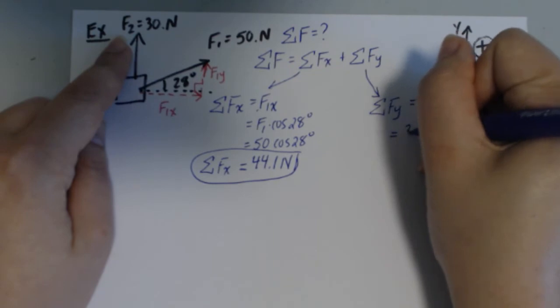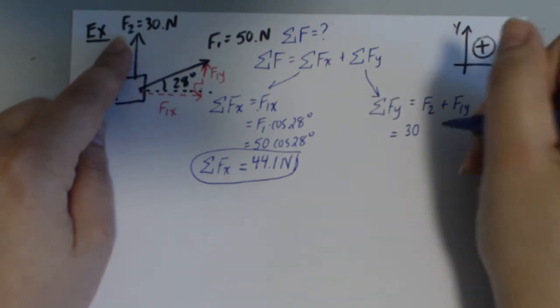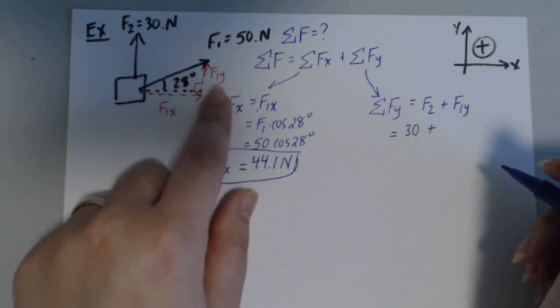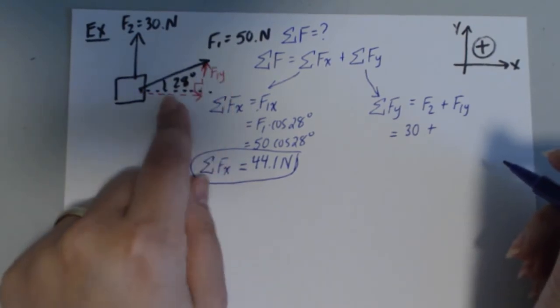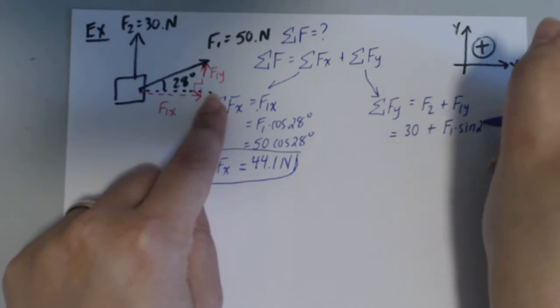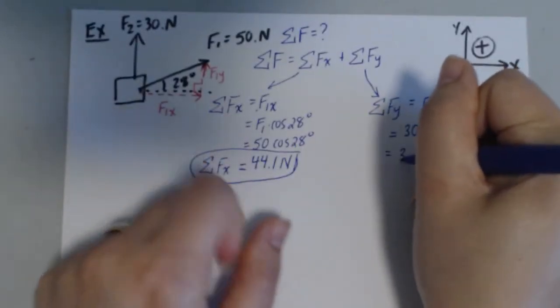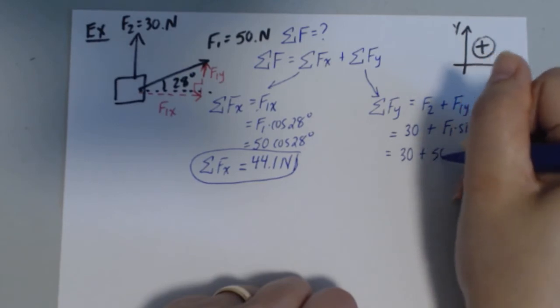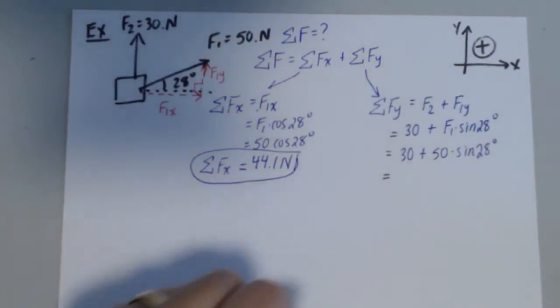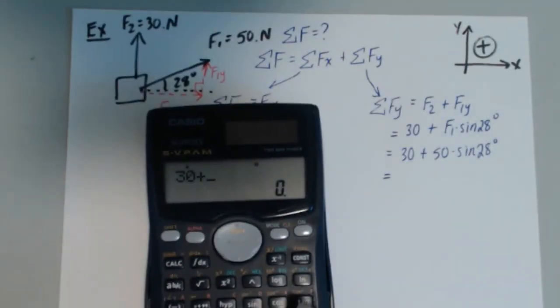That's 30 newtons. I don't need to put the newtons here because I already know they're both in newtons. F1y, this one you're just going to have to calculate. It's opposite the 28 degrees, so it's going to be F1 times sine 28 degrees. So that's 30 plus 50 times sine 28 degrees. I think I can do that all in one step. 30 plus, in brackets, 50 times sine 28.